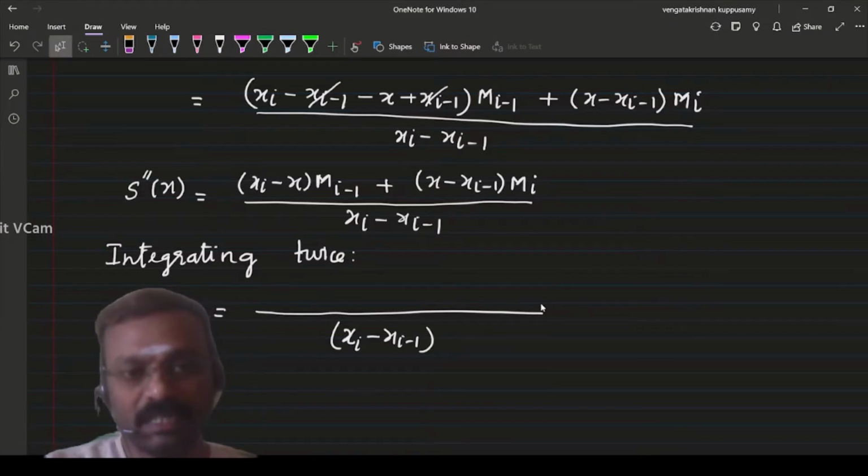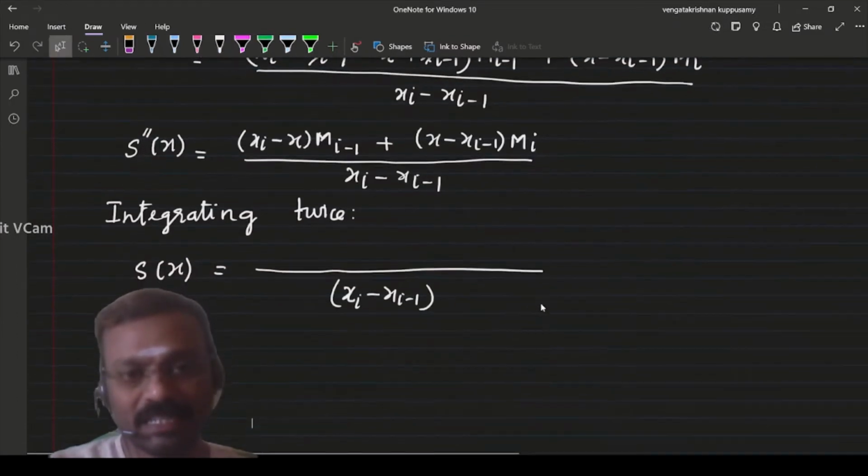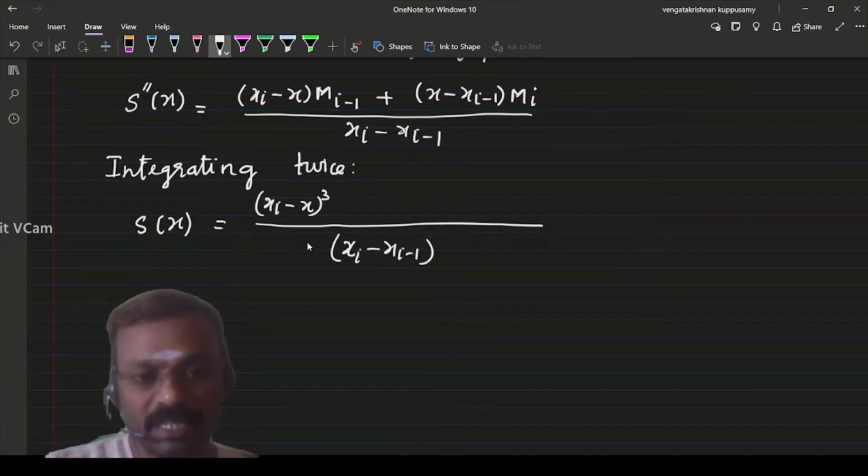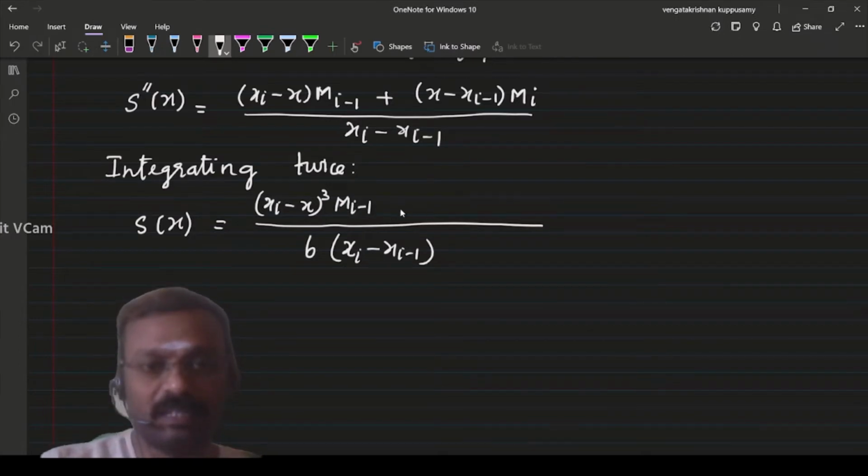Then integrating xi minus x twice, we have xi minus x the whole cube by 6, and this mi minus 1 is a constant.